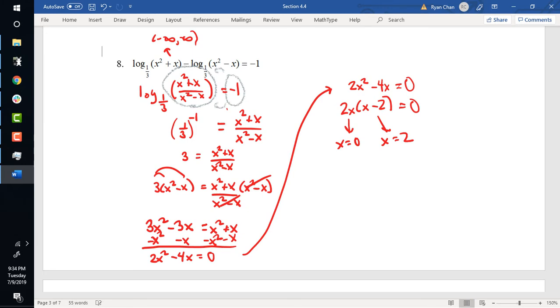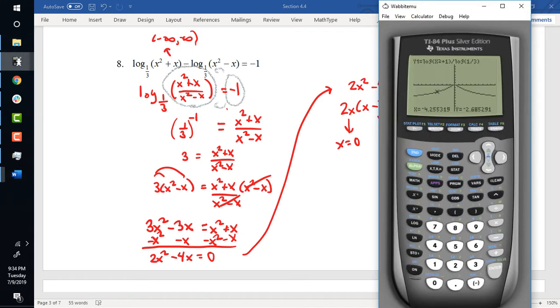Let's see if the other one works too. So I'm going to go back and do x squared minus x. Or sorry, x squared plus x. Sorry about that. Let's graph x squared plus x. Interesting.